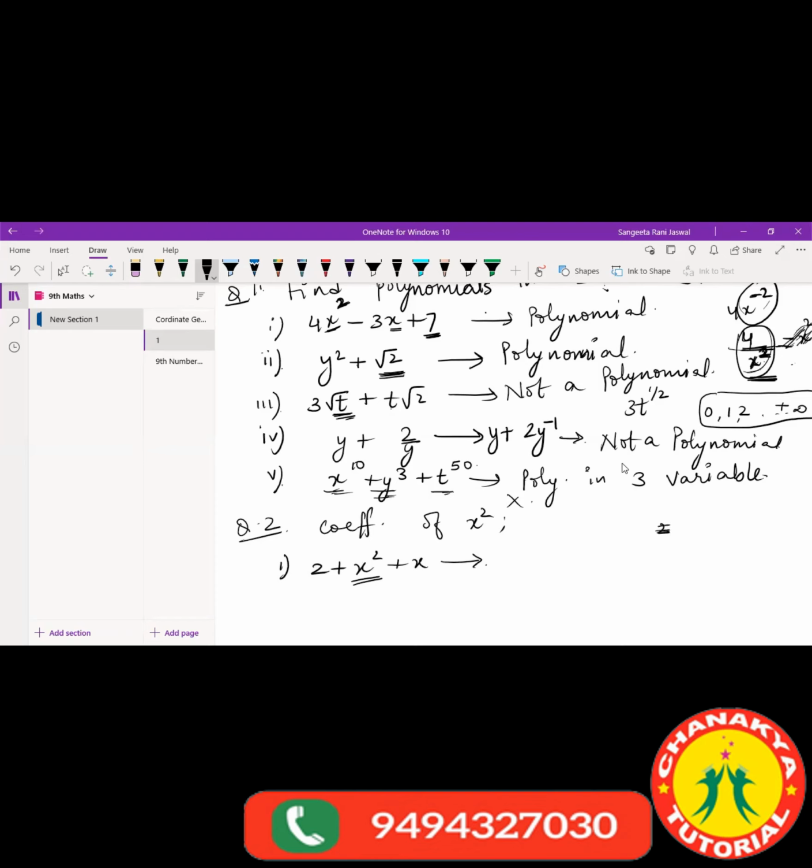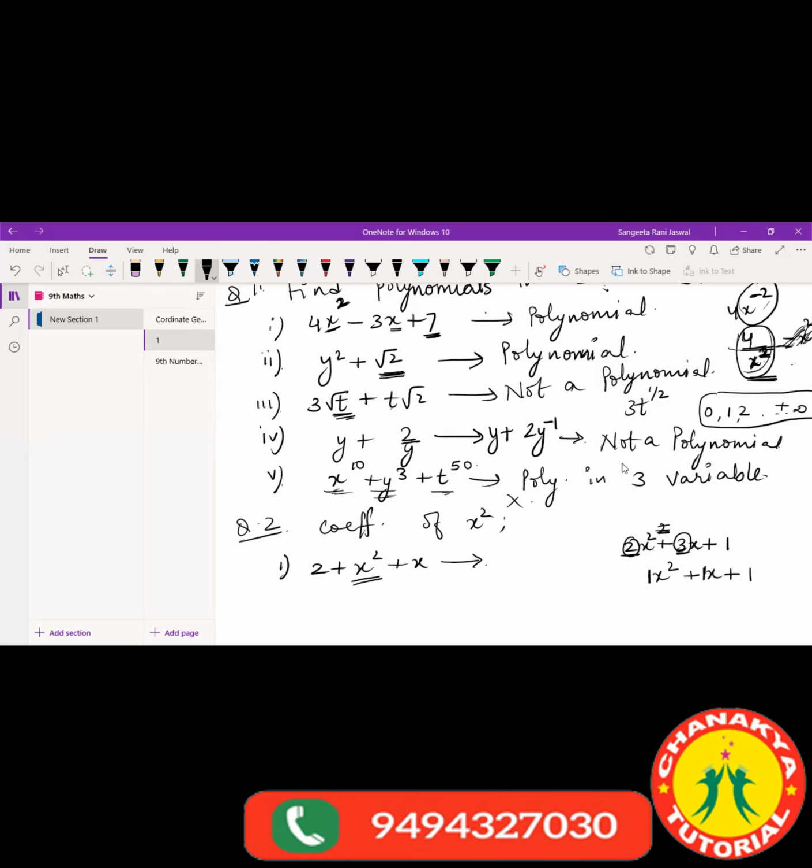No. See here, what are coefficients? Listen first. When I gave you an example of this kind of equation, I said coefficients are these numbers. The number attached in front of a variable is called the coefficient. Suppose you have an expression like this, so here your coefficient is 1.